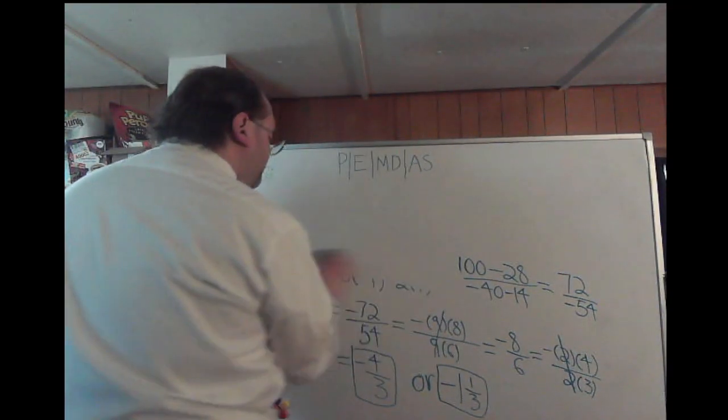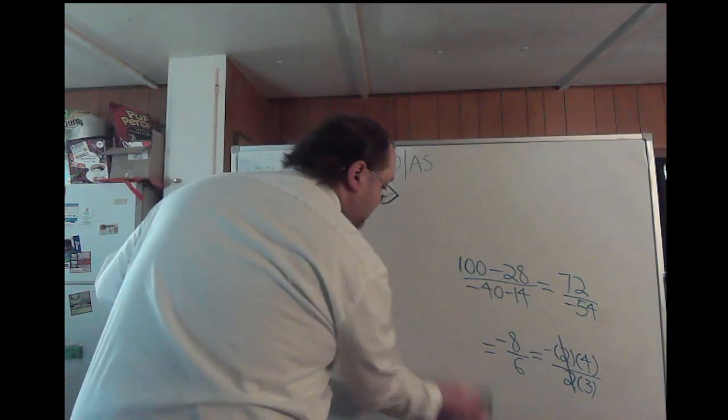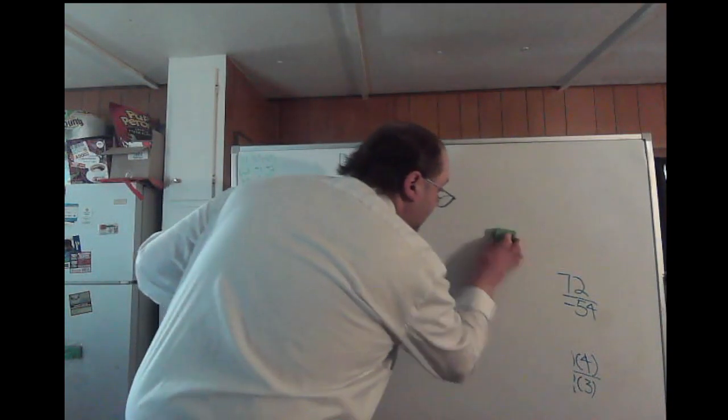I got one final problem I want to do with you guys here. It's not quite as intense as these. In a way, it's not. But still a very good problem.